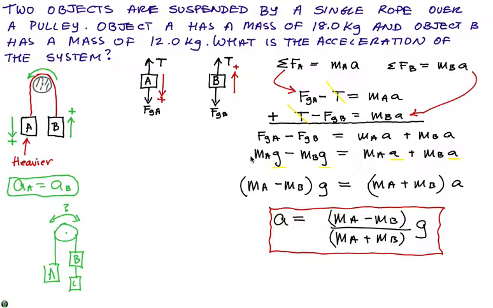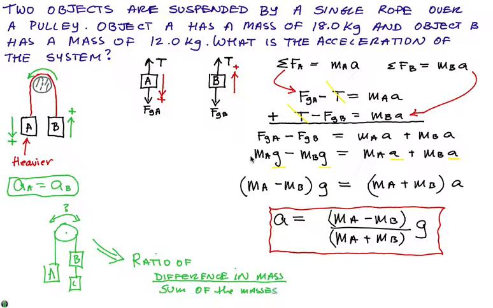And if we can figure that out, then we can very quickly come up with the acceleration formula, because the acceleration formula is the ratio of the difference in masses divided by the sum of the masses, times g.